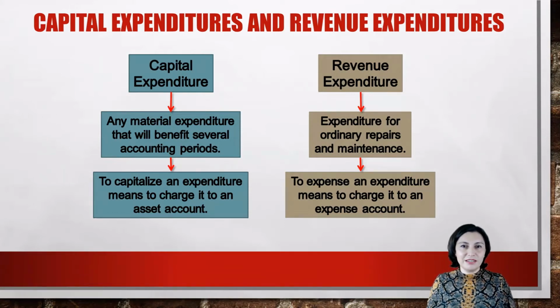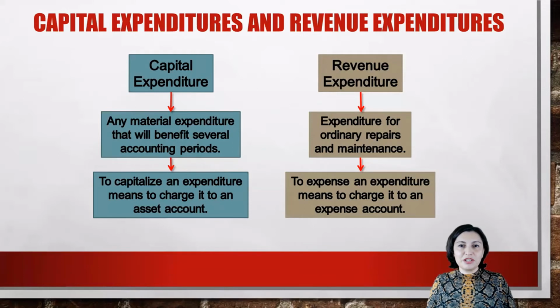In some cases, the expenditures may be treated as revenue expenditures and charged to current period income as expenses. For each expenditure subsequent to acquisition of a plant asset, decide if the expenditure is to be treated as a capital or revenue expenditure.